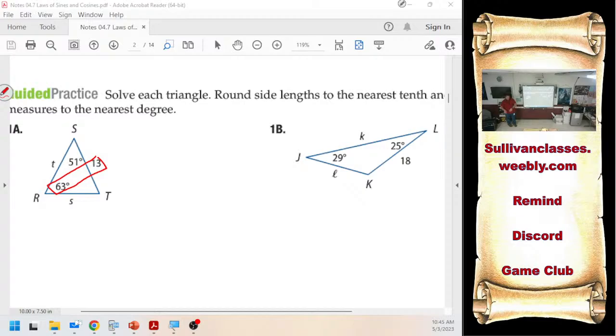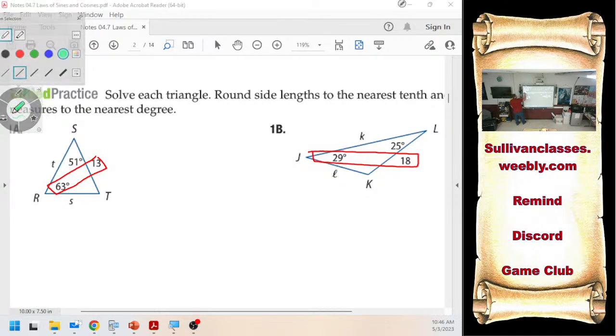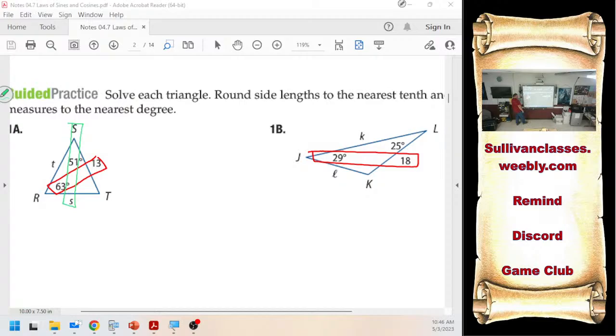Then you say 13 equals. Those two are across from each other. Those two are across from each other. Oh, 13. These two are across from each other.